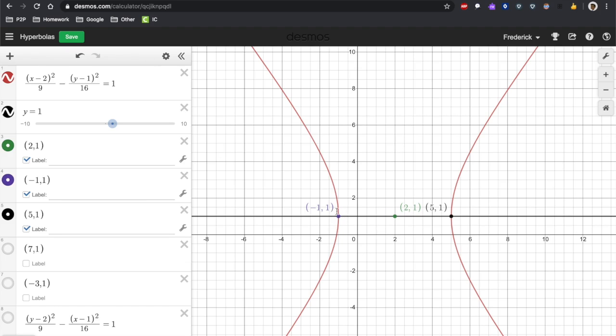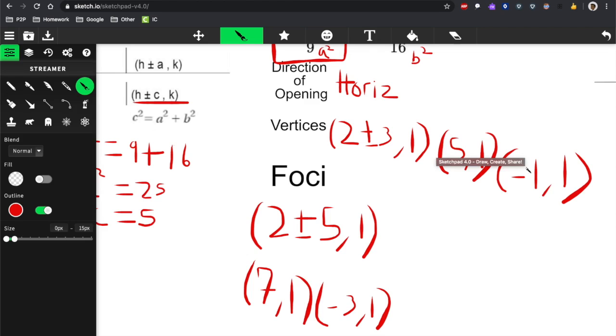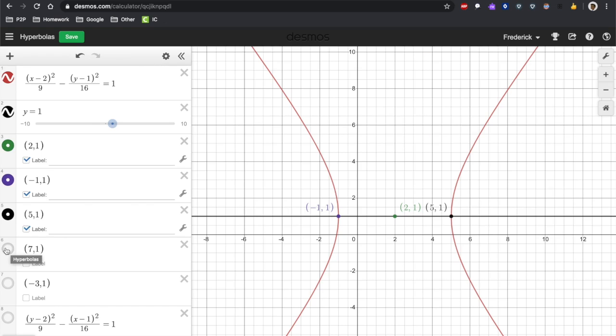We find our vertices to be at negative 1 comma 1 and 5 comma 1, just like we found here. And we also said that our foci would be at 2 plus or minus 5 comma 1, which are 7 comma 1 and minus 3 comma 1. And if we take a look at the graph, boom, right there and right there. Those are two perfect matchups.